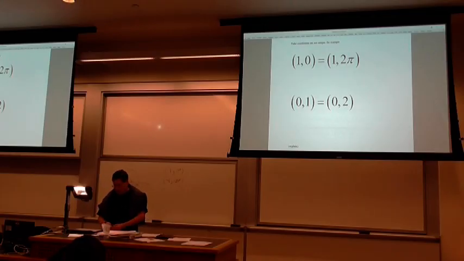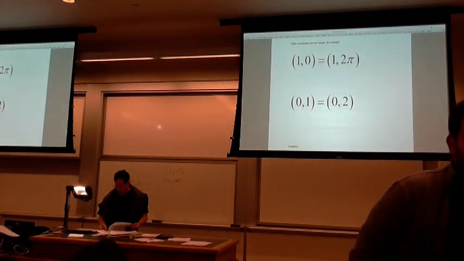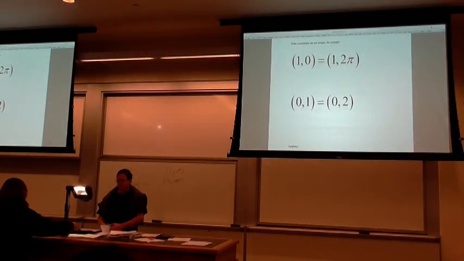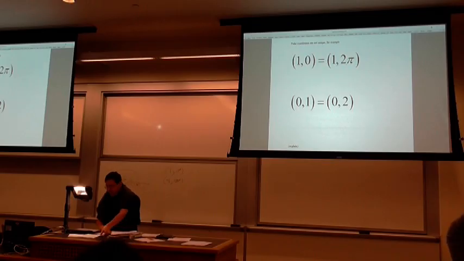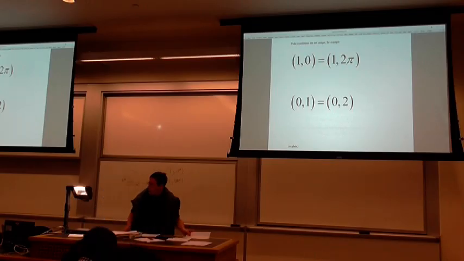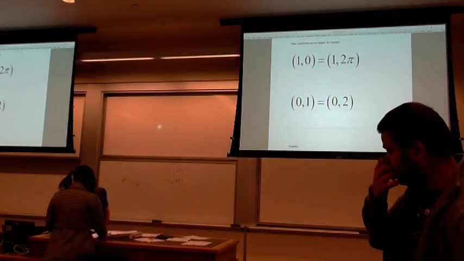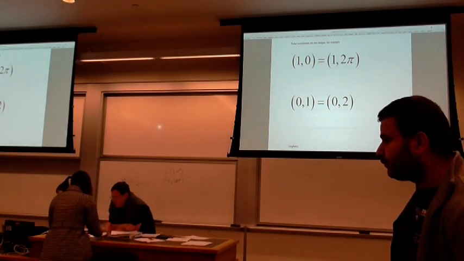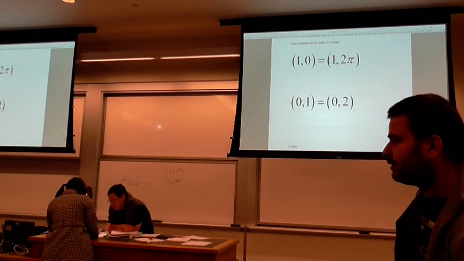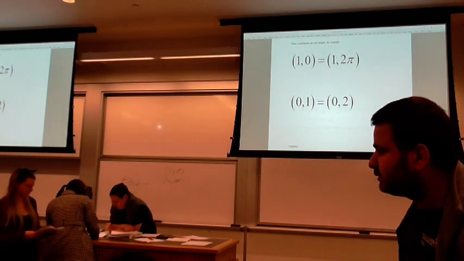I want to mention one other example, which I didn't put in the notes. If I have a point, let's say, radius 1 and 0 degrees, and radius minus 1, 180 degrees, these are also the same point.